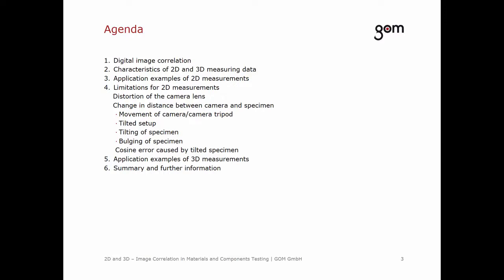Finishing with a summary and a little further information at the end of the webinar. This webinar will take approximately 45 minutes today, and we hope that you stay tuned for that time.